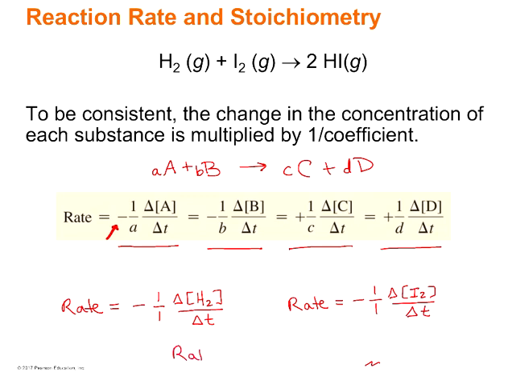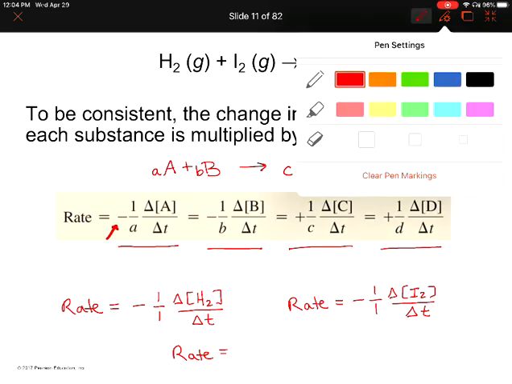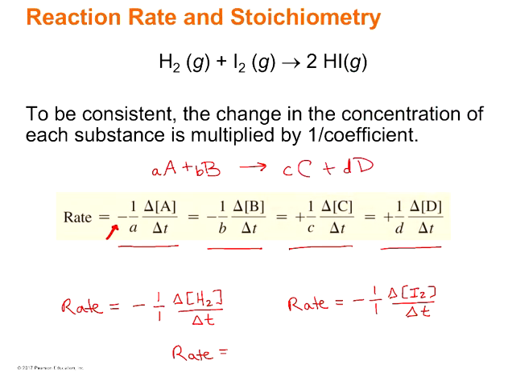So the rate in terms of the product, and let me just erase my little squiggle mark there. Because this is a product, we're gaining hydroiodic acid, so we're going to have positive 1 over the coefficient, which is 2, and then multiply that by the change in concentration of the product over the change in time.